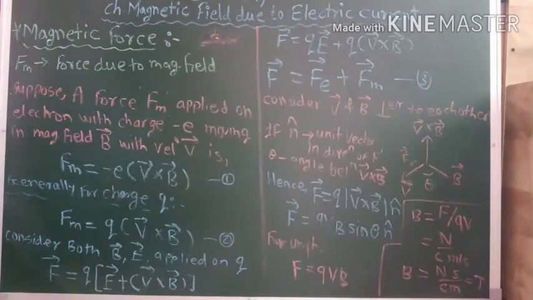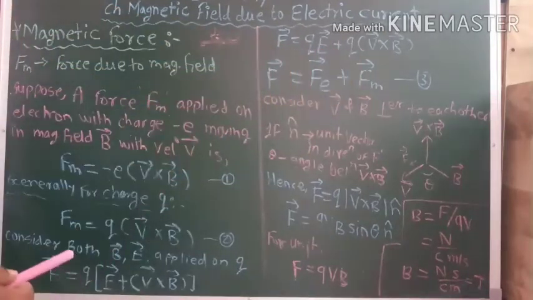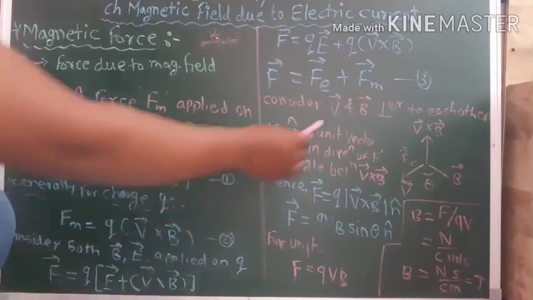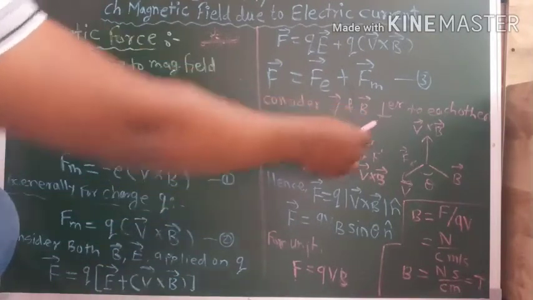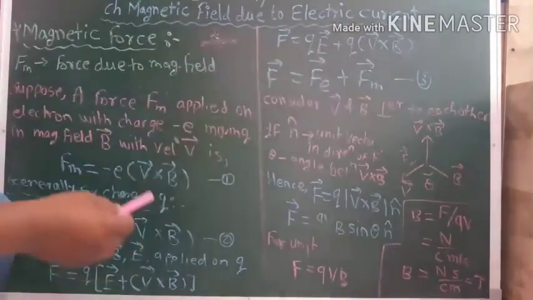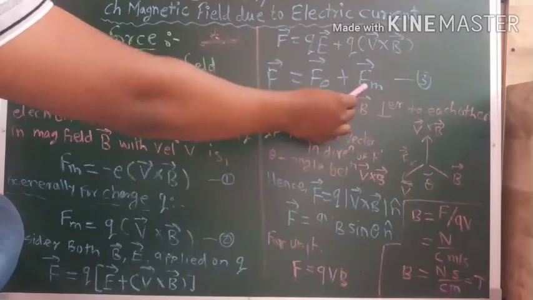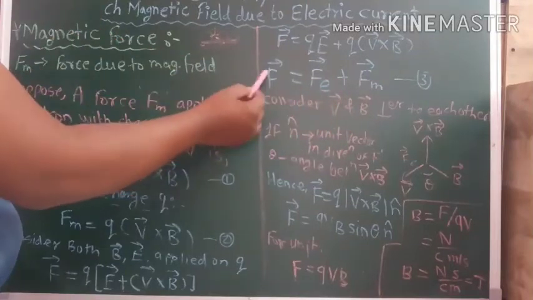And when the v is equal to 0, the force is also equal to 0. Firstly we studied the v bar parallel to the B bar, then the magnetic force is 0, therefore the total Lorentz force is also 0.